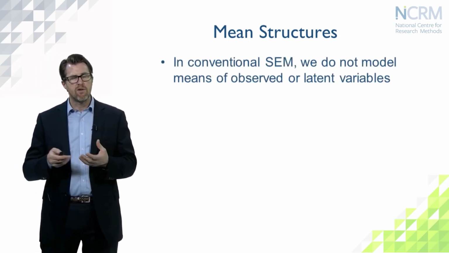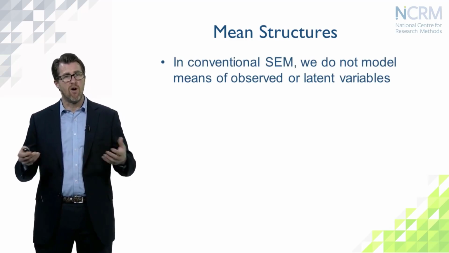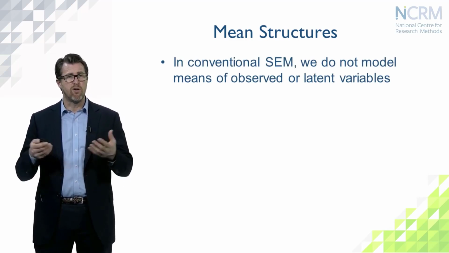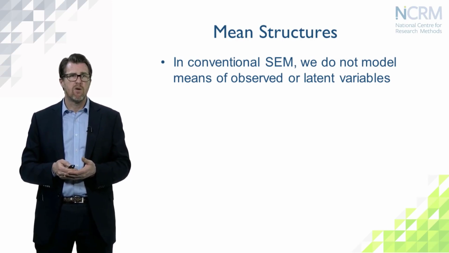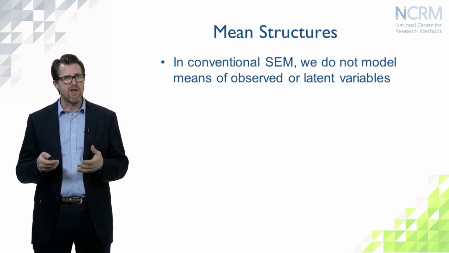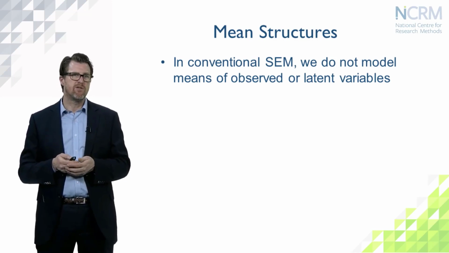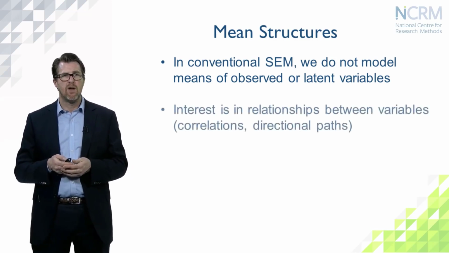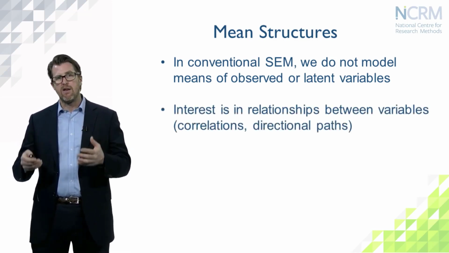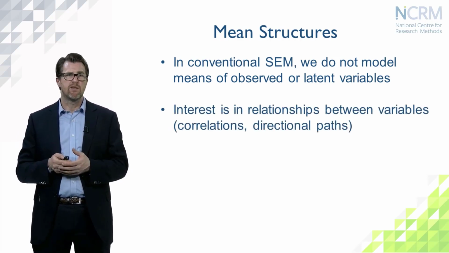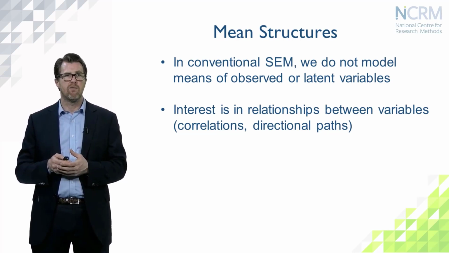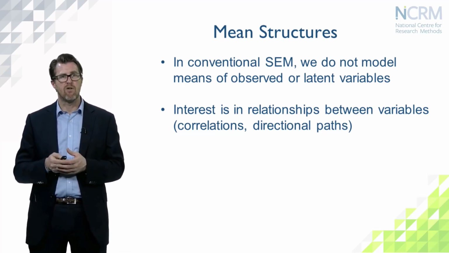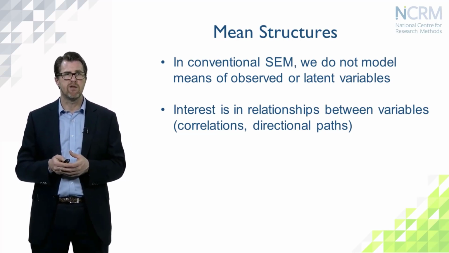Conventional SEM is focused on the structural model, the relationships between concepts. So we are not so interested in the means of the observed or the latent variables. In the conventional way of doing SEM, that isn't a focus. The focus is on covariances and correlations, relationships between the variables.